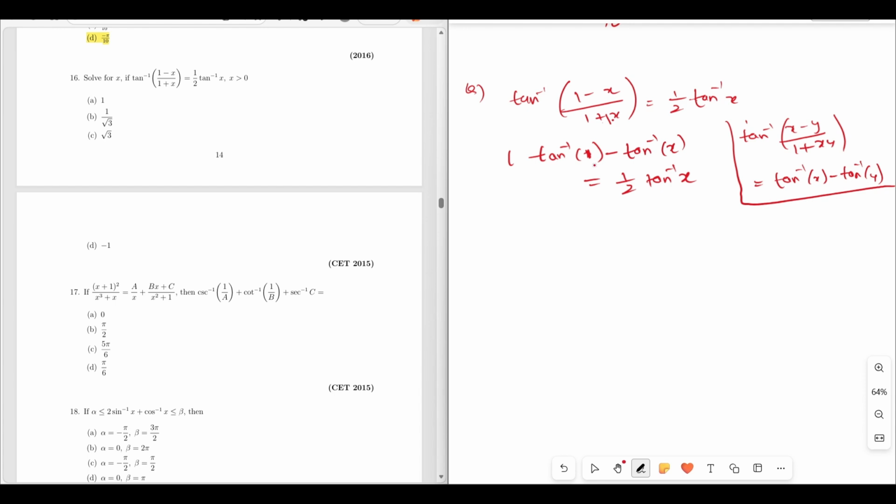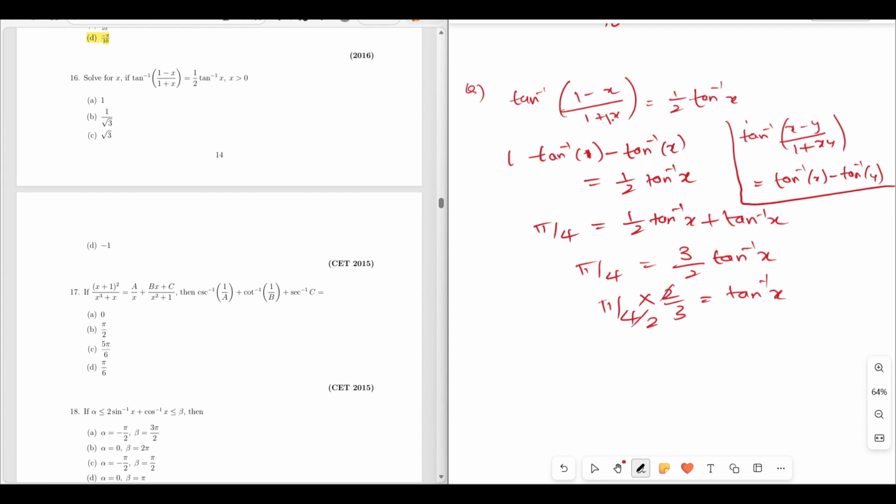Okay. So tan inverse 1 is nothing but pi by 4, which is equal to 1 by 2 tan inverse x plus tan inverse x, because if I send this minus tan inverse x to the right side, it becomes plus tan inverse x. So now you get pi by 4 is equal to 3 by 2 tan inverse x. Now just send 3 by 2 to the left side. Pi by 4 into 2 by 3 is equal to tan inverse x.